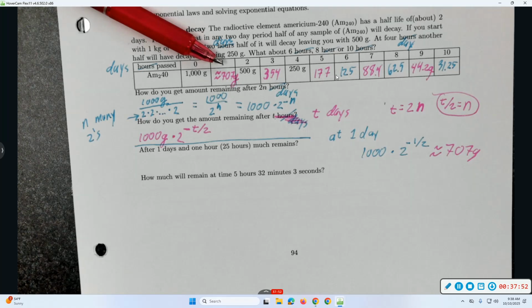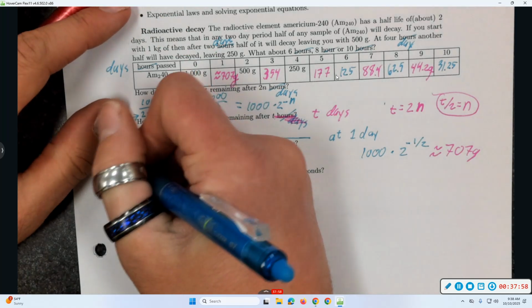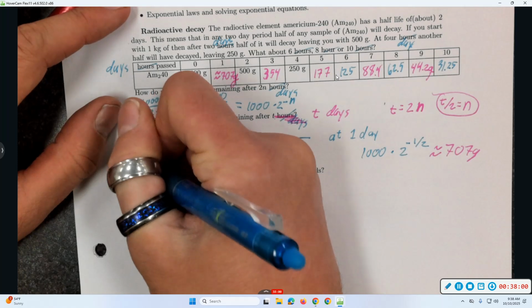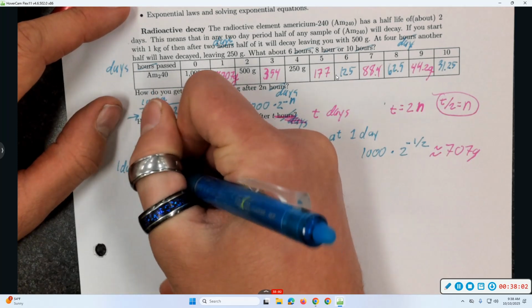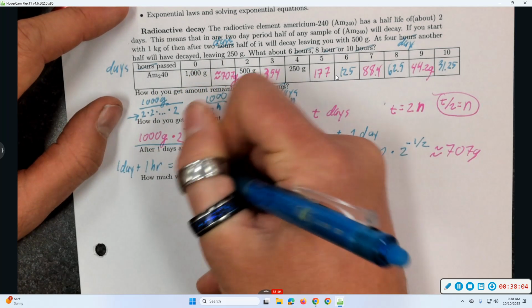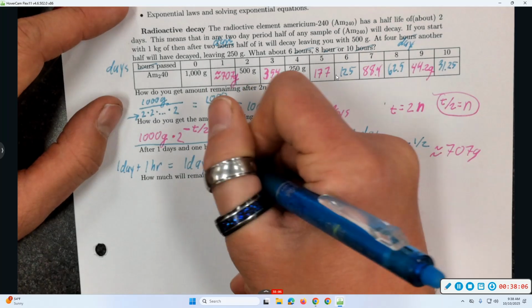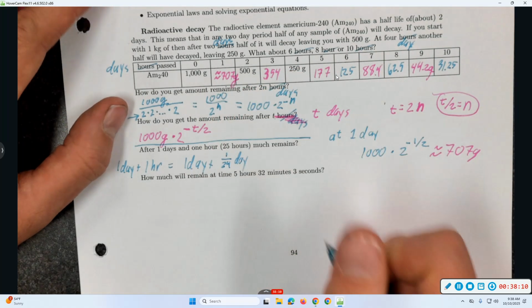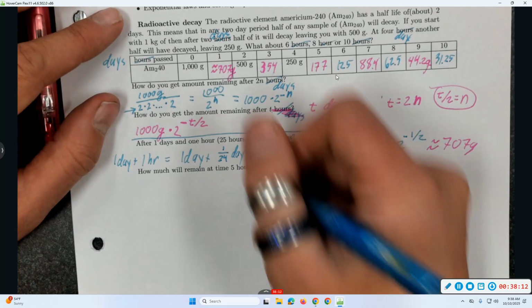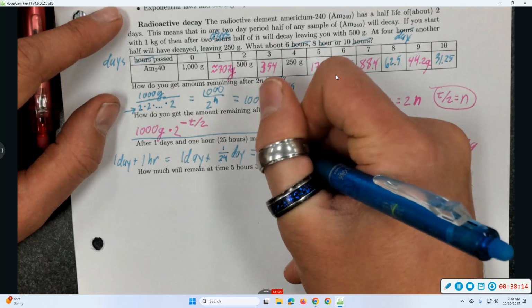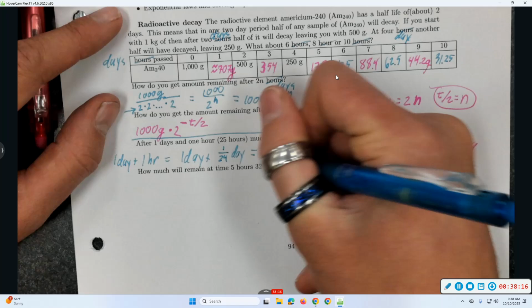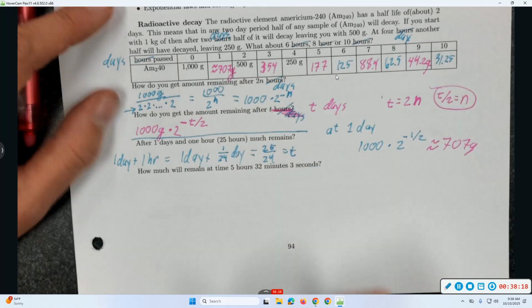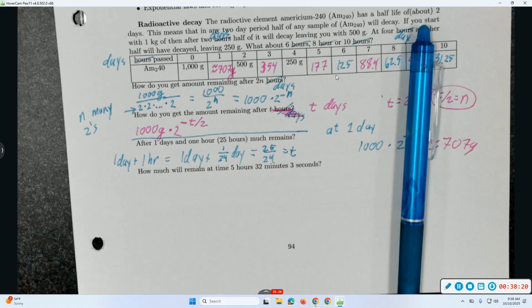Could you just add like 1/24? That seems reasonable. 1 day plus 1 hour. Well, it's the same thing as 1 day plus 1/24th of a day, because 1 hour is 1/24th of a day. Cool. So it looks like that's what I want to plug in for t. Let's do that.